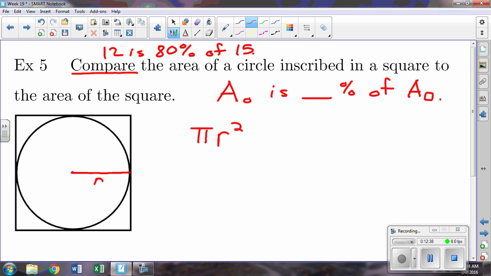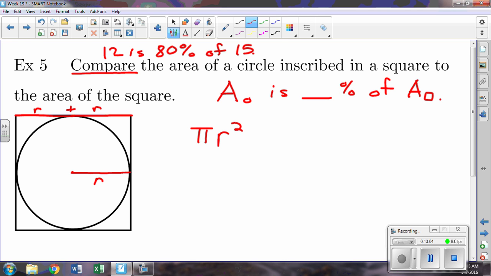We also need to somehow compare that to the area of a square. Please notice that's our radius as well. And so the entire length, radius plus radius, would be 2 times the radius.